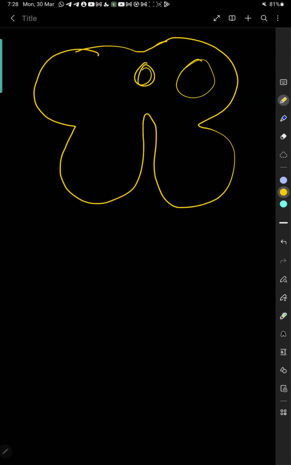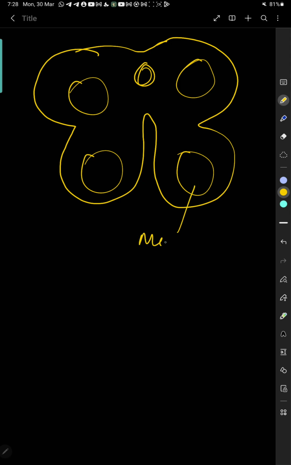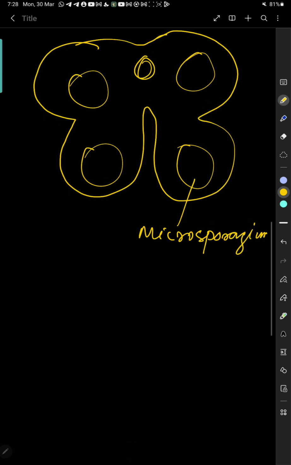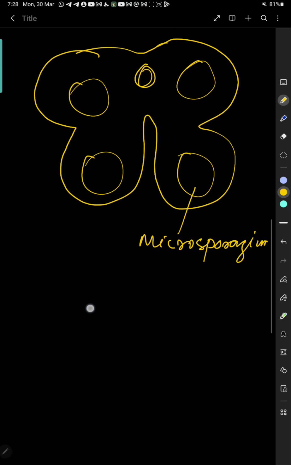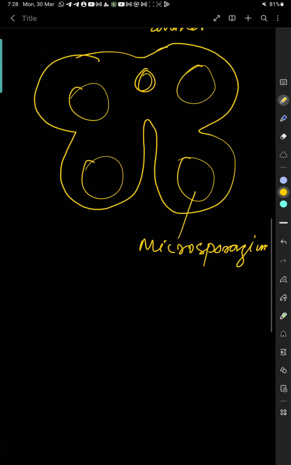Now in the microsporangium, the sporogenous tissue is there.